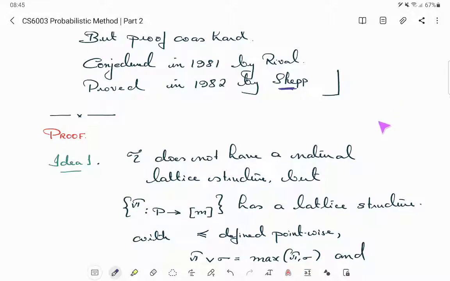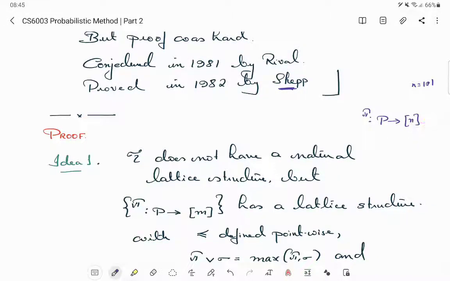Though total orders are nothing but permutations, right? So a total order of a set, in this case, we can even think of it as a function from P to n, where n is the number of elements in P. This is a ranking of any total order pi. Let's say we can think of this, right? So this is pi of the first element, the first guy would be the guy which is mapped to 1. The second element in the total order will be the guy which is mapped to 2, and so on.